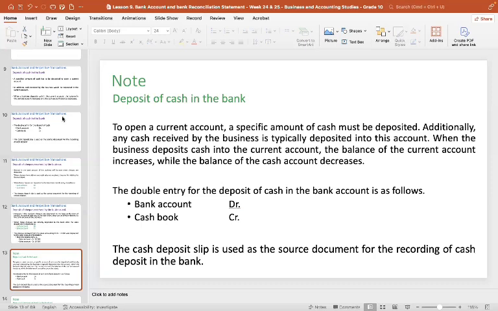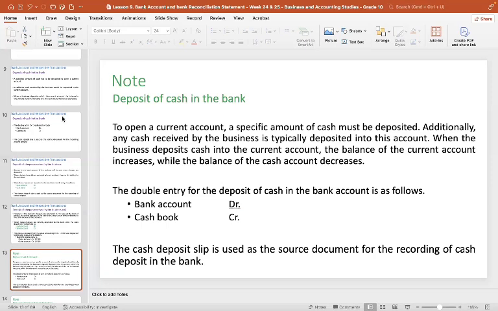Additionally, any cash received by the business is typically deposited into this account. When the business deposits cash into the current account, the balance of the current account increases, while the balance of the cash account decreases. The double entry for the deposit of cash in the bank account is as follows: bank account debit, cash account credit.